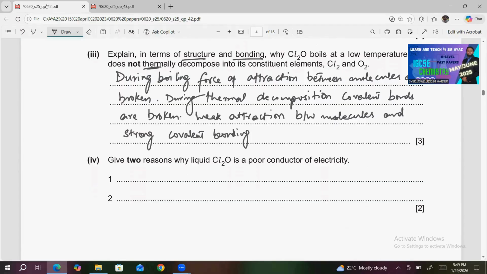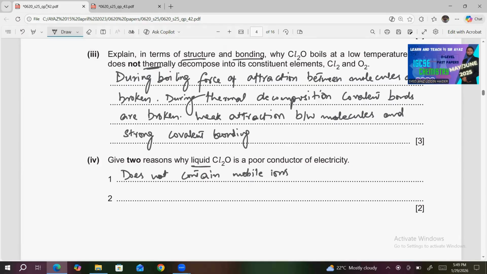4. Give 2 reasons why liquid Cl2O is a poor conductor of electricity. So it's a liquid, which means it does not contain mobile ions.